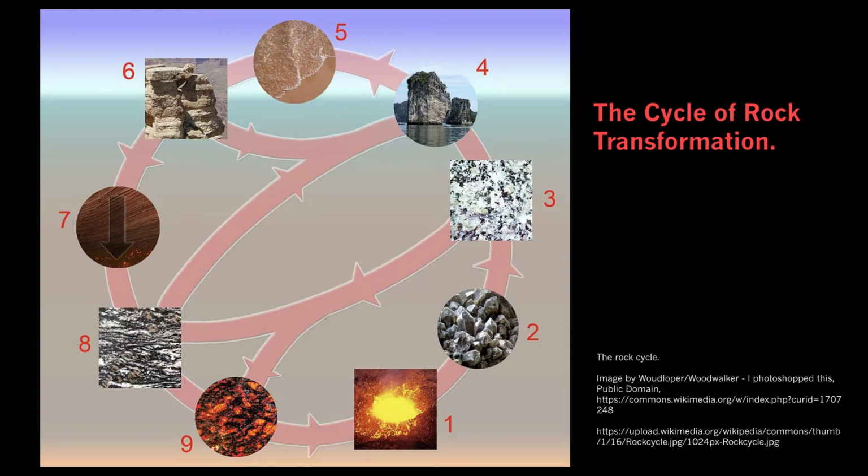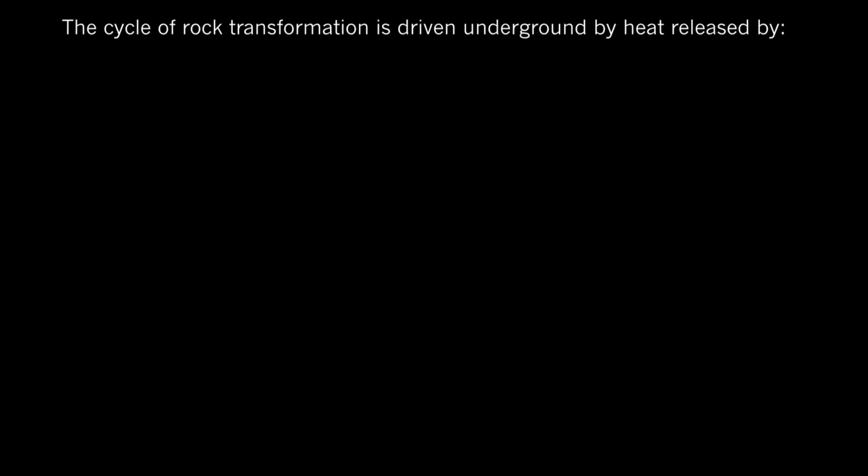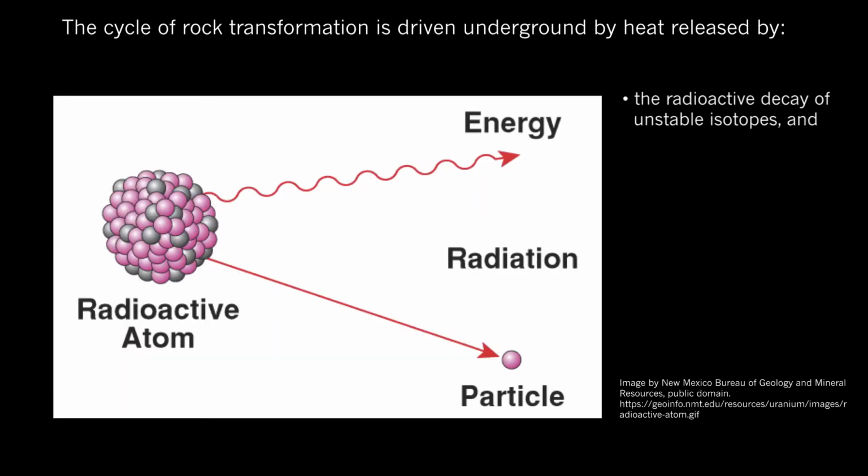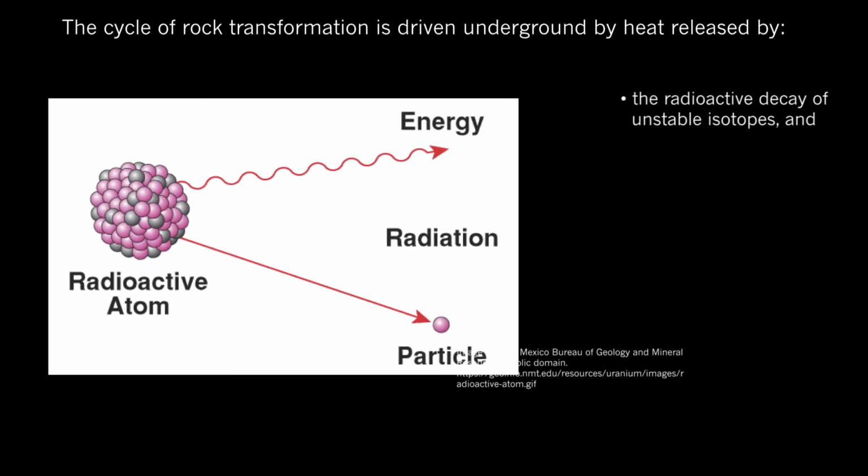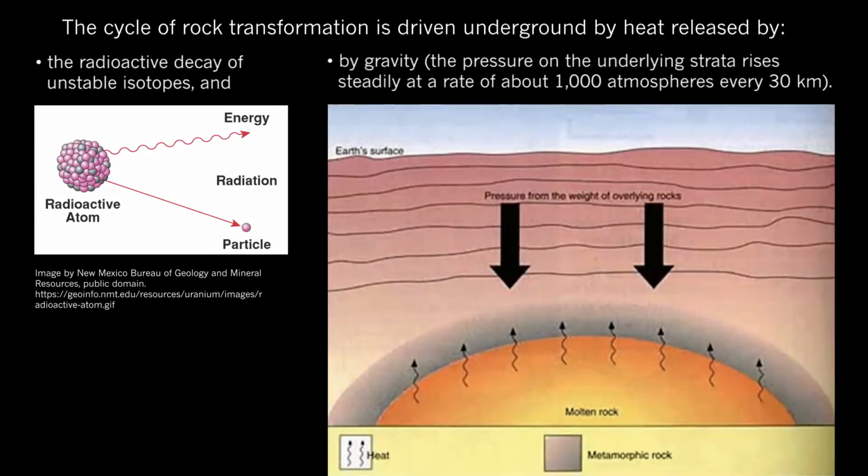And it's driven by two sources of energy. There's the underground heat that's released in the mantle from the radioactive decay of unstable isotopes, and also the force of gravity. You can see the kinds of pressures that are exerted against layers of rock by the overlying rock.